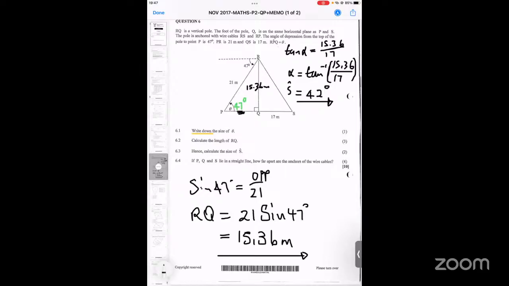Okay, I believe other members are able to see how to work it out. So now we look at that 6.4 where they say if P, Q and S lie in a straight line, how far apart are the anchors of the wires?